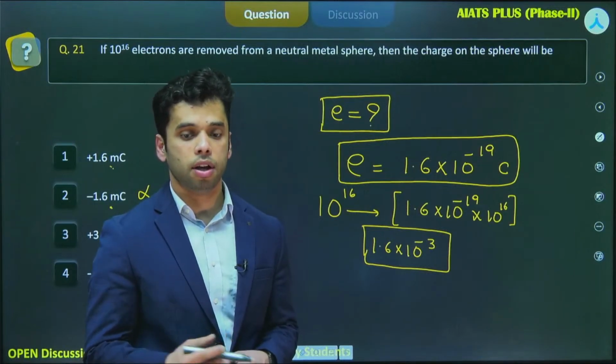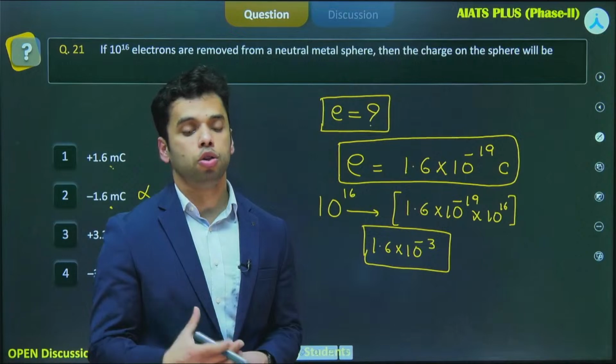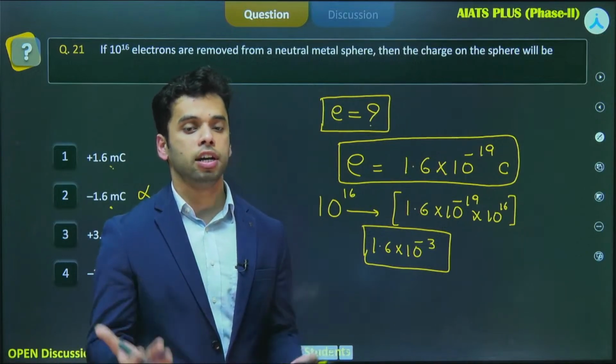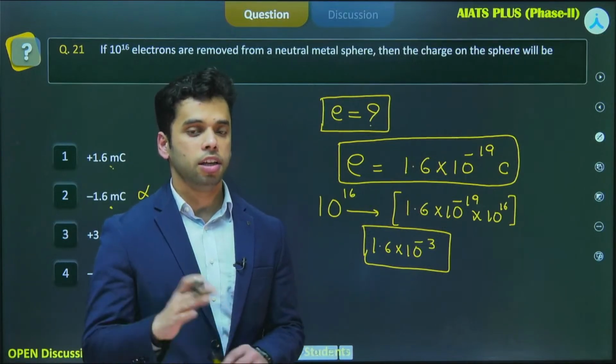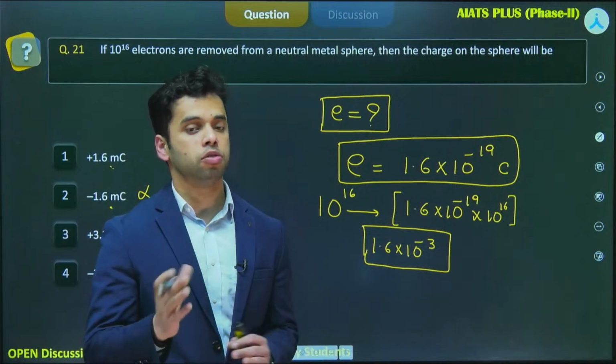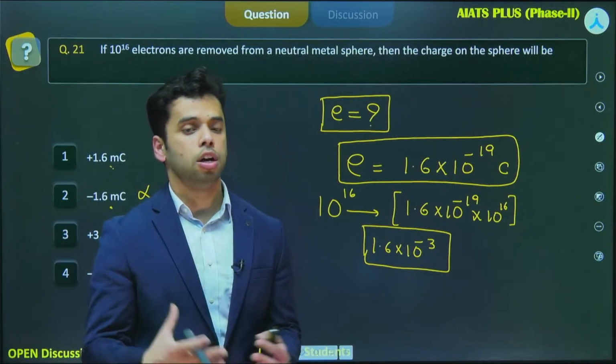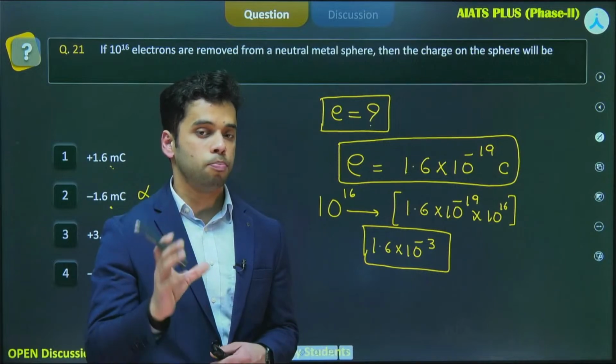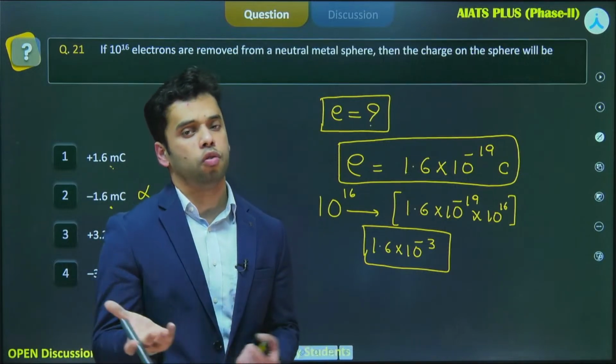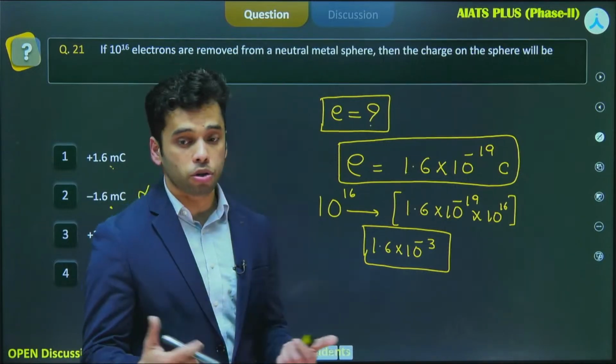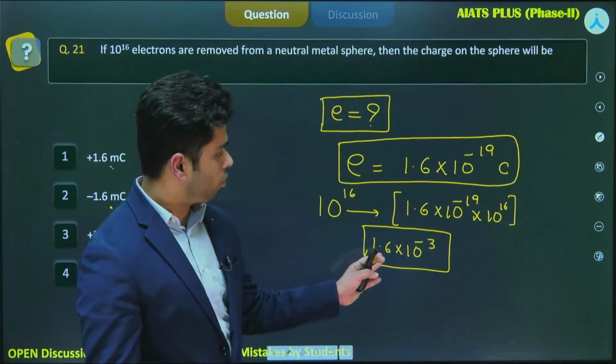Why positive? Since you are removing the electron, you are reducing the negative charge, so definitely the positive charge is going to increase. Initially, the number of positive and negative charges were the same. Now you have removed the negative charge, so you can understand that the positive charge number has increased. So obviously, the metal sphere is going to get positively charged. So yes, this much charge is removed.